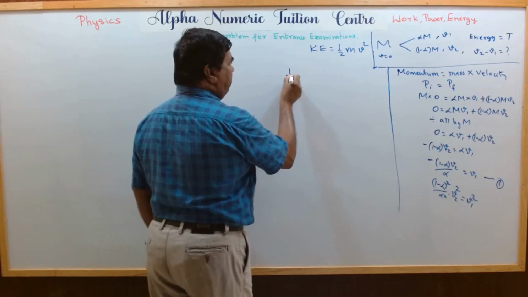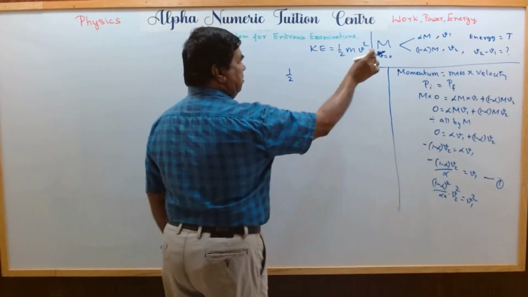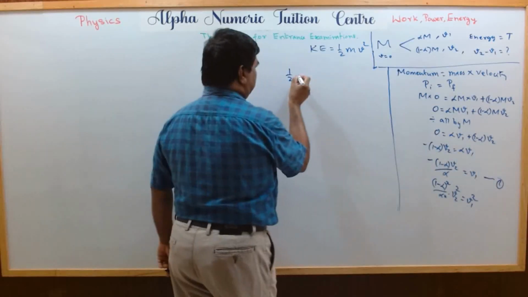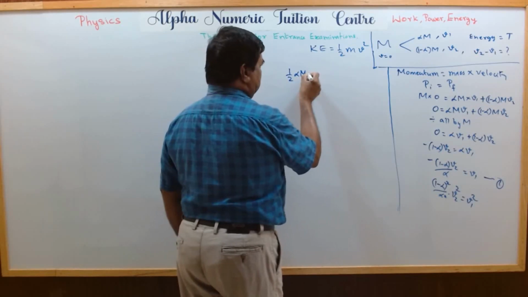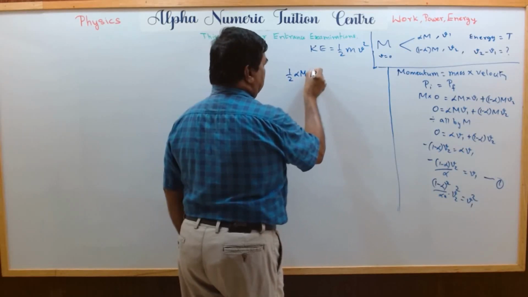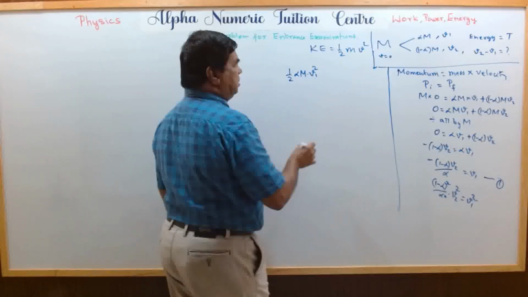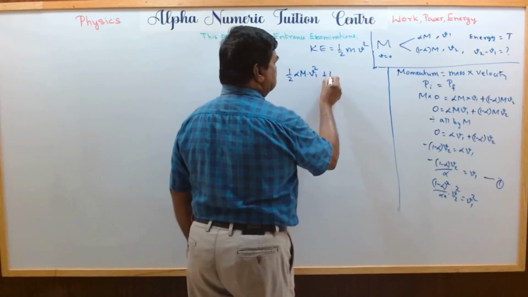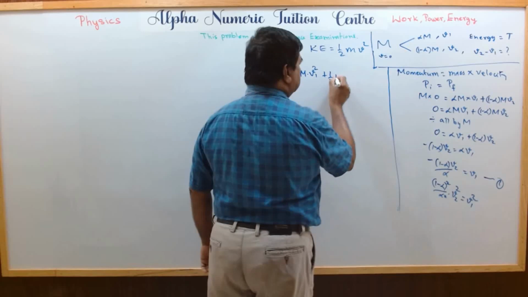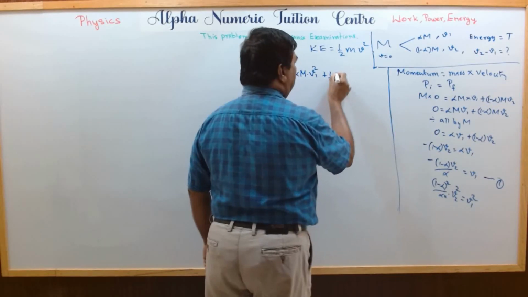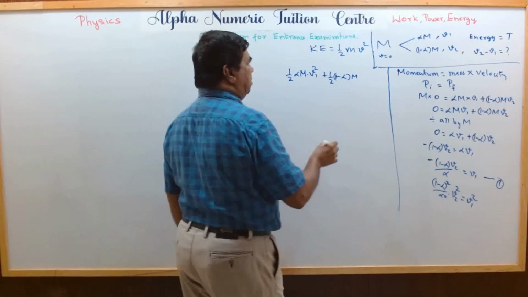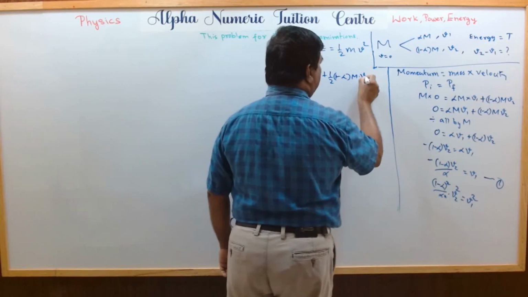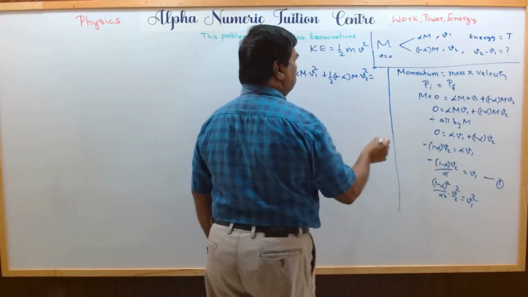So we will apply this formula for the respective masses. Half times the first mass alpha M into v1 squared, plus the second mass 1 minus alpha M with the velocity v2 squared.